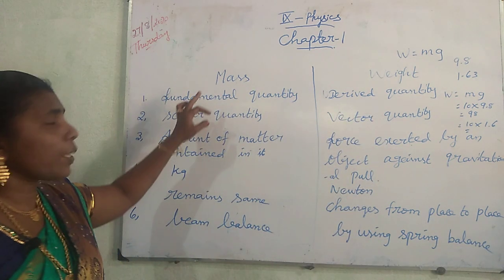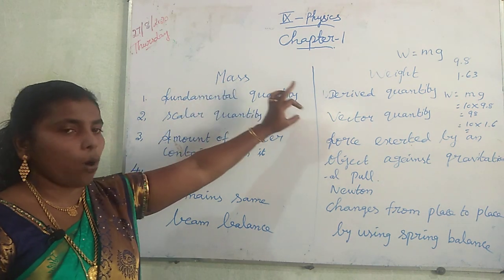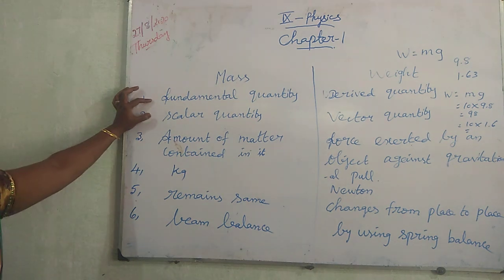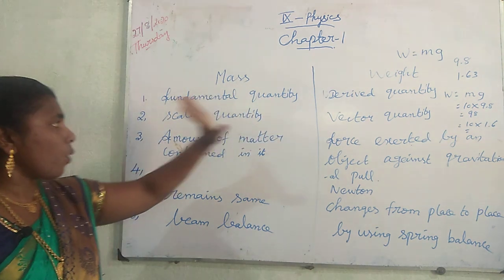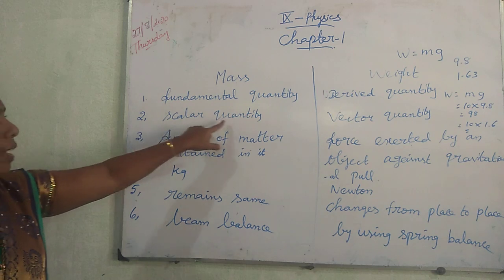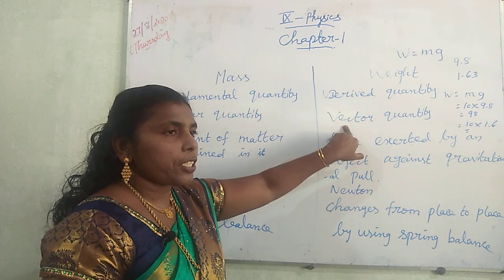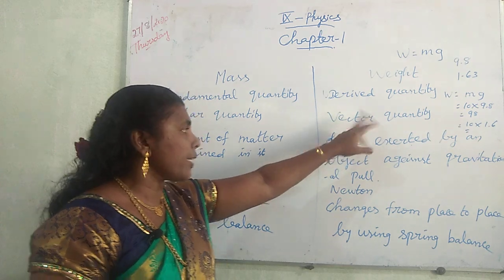These are the important questions: the difference between mass and weight. First point, mass is a fundamental quantity, weight is a derived quantity. Mass is a scalar quantity, only magnitude, but weight is a vector quantity, both magnitude and direction.